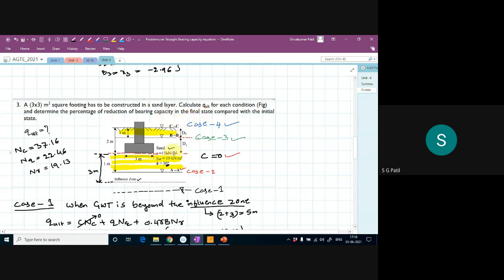In that lifespan of the building, at least once or twice the groundwater table may rise up to your ground level. So always you should consider the worst case. Here the worst case is case number 4, that means your water table is at the ground level. That is the practical implication. Whenever you are designing any foundation, you should design it by considering the water table at the ground level.